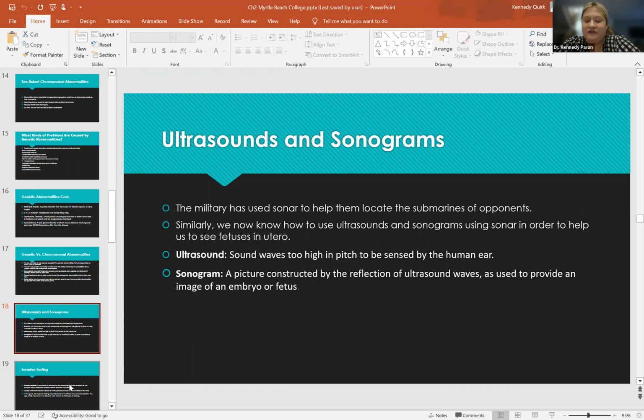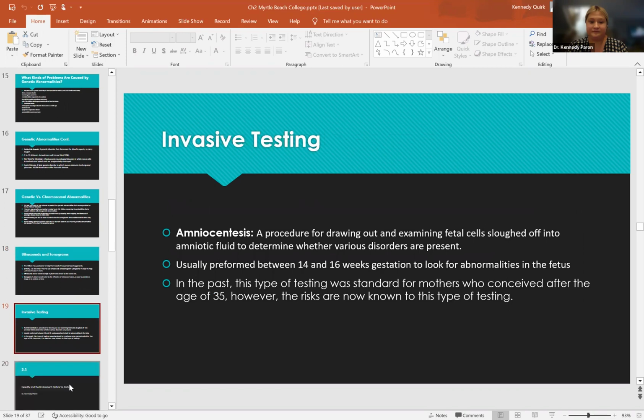An ultrasound uses waves that are too high pitch for the human ear to hear. However, they bounce off the fetus in utero, and we are able to get an image like this. A sonogram is a picture that is constructed by ultrasound waves and provides an image of the embryo or fetus for the mom or dad to see.